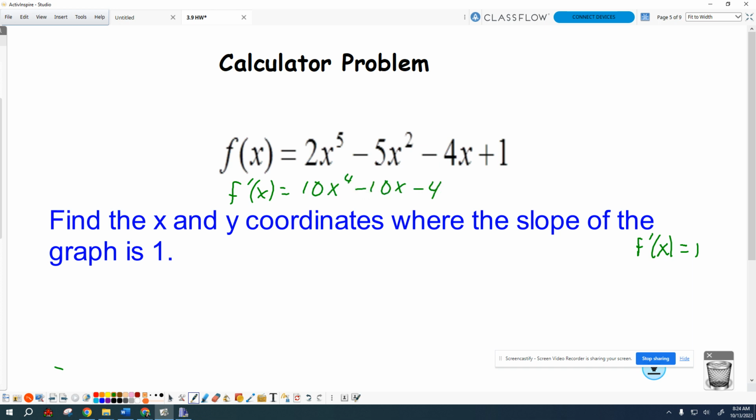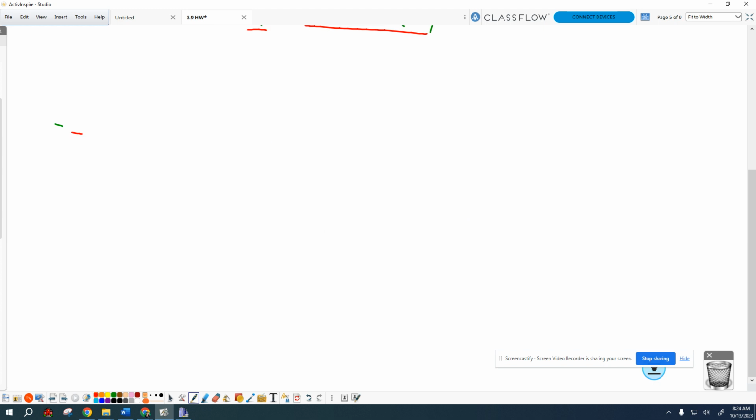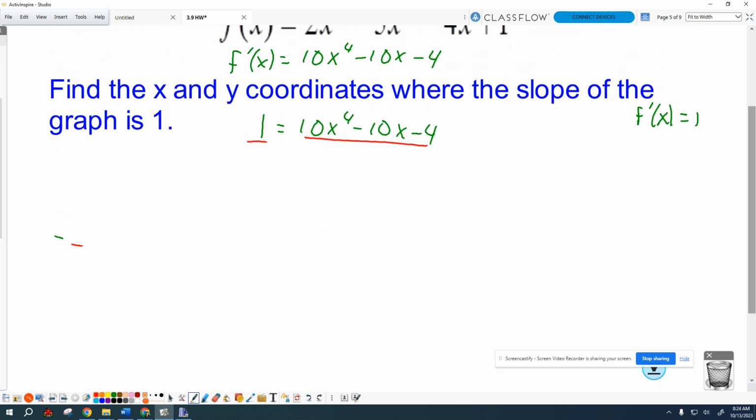So I want to find when this equals 1. I would not do what they show you in Algebra 2, which is put this in an equation, put that in an equation, and find where they intersect. That's a pain and more complicated. So I'm going to subtract 1 to the other side, and I'm going to find where that guy is 0.